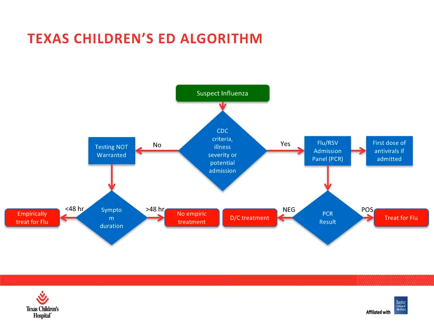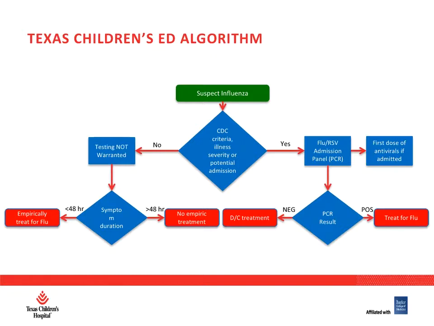That sort of thing. Or are they going to be admitted to the hospital? Because presumably if they're sick enough to be admitted with respiratory symptoms, they should get an accurate flu and RSV test. So if they meet those criteria, yes, then they can have the rapid flu RSV PCR.